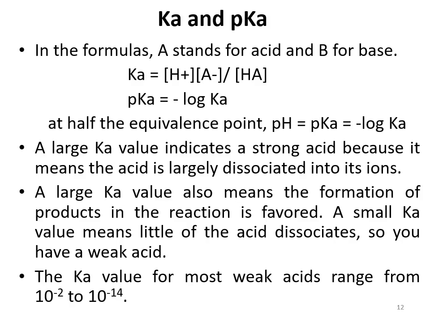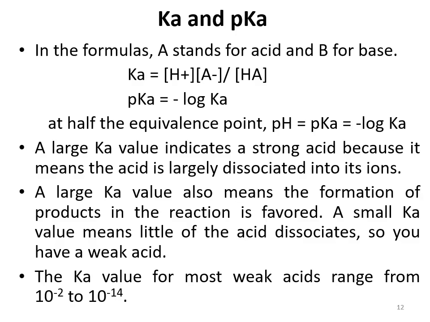A large Ka value indicates a strong acid because it means the acid is largely dissociated into its ions. It all depends upon how dissociation takes place, how an acid dissociates into its ions. It may depend upon the concentration of the acid and the time taken to dissociate.